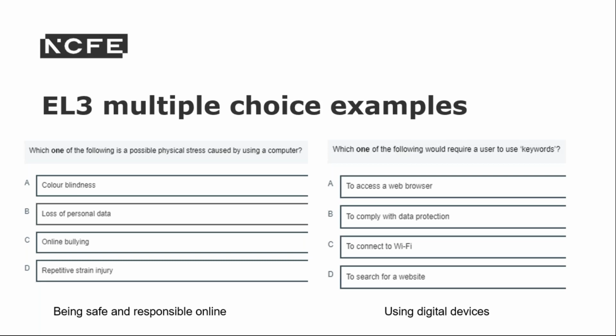I'll just give you another second or so to pop your answers into the question box. So it was A, B, C, or D. Brilliant. There are some answers coming through. Yep, that's right. Of course, the answer is D. Just search for a website.